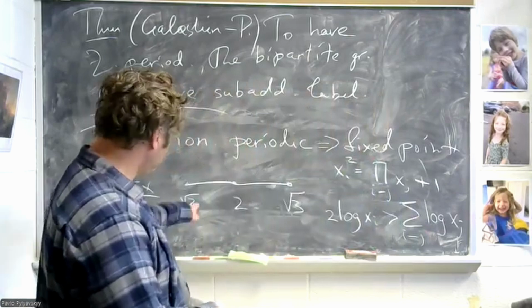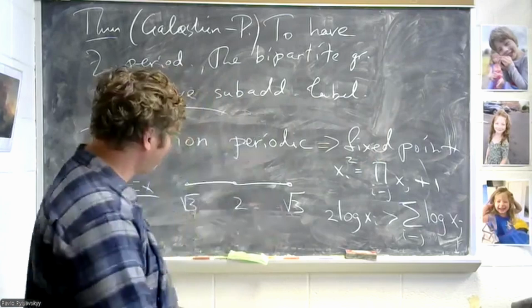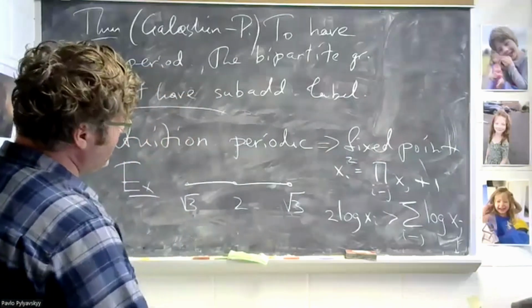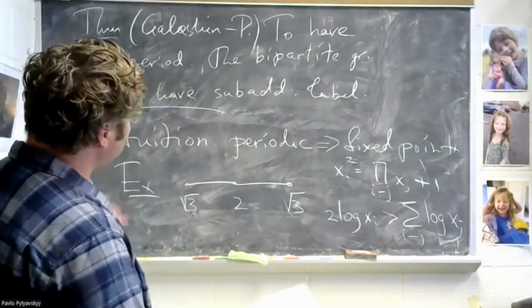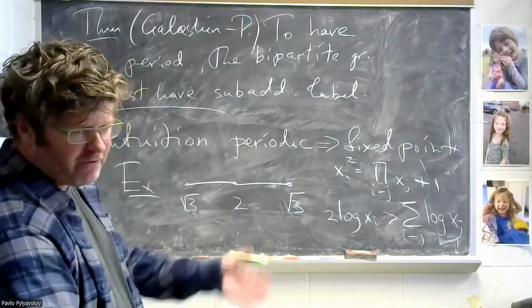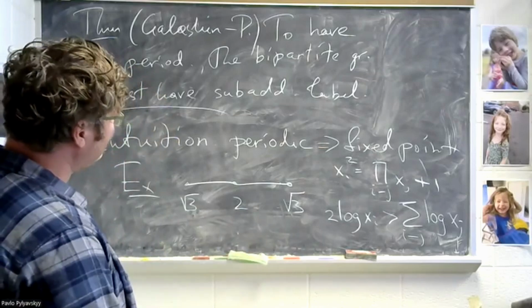So basically, logarithms of those numbers give you a subadditive labeling. That's roughly the intuition: if your system is periodic, then it has a fixed point, and the logarithm of it is a subadditive labeling.